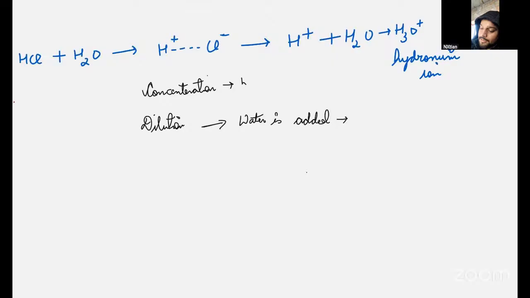And if water is removed or water is very less, then it is called a concentrated solution. Okay, water is added, it is called dilution, and water is removed, it is called a concentrated solution.